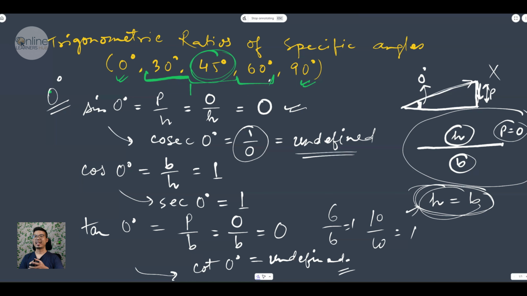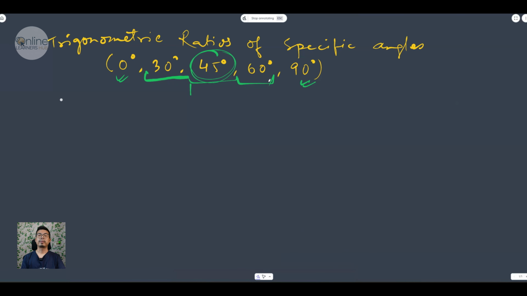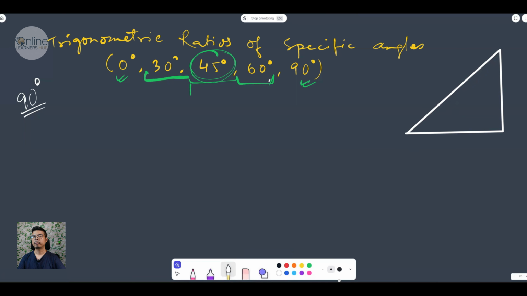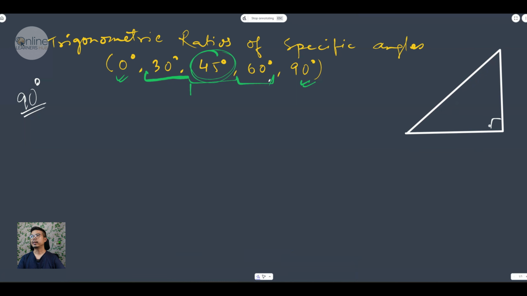Now the last one, 90 degree. Let's look at 90 degree. As I told you, whatever angle is given here should be the base angle. Now, let me draw a right angle triangle again. This is the normal right angle triangle, and this is 90 degree.